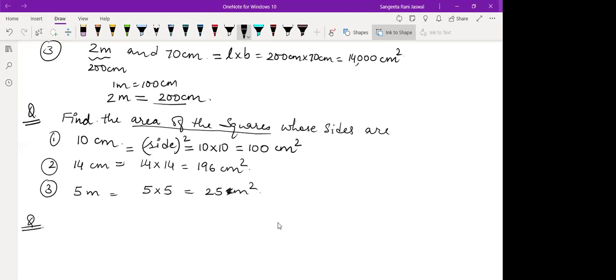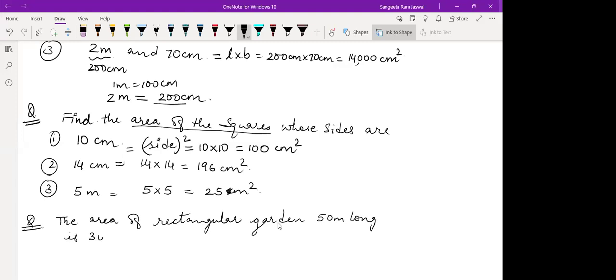Okay. Let's take a statement sum now. Harshit, this will be a statement sum. Okay? Please write down. The area of a rectangular garden, 50-meter long, is 300 meters square.